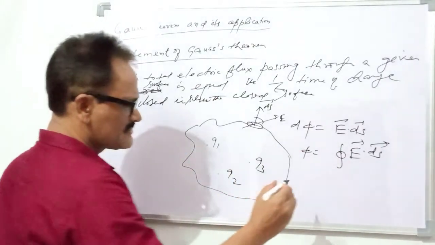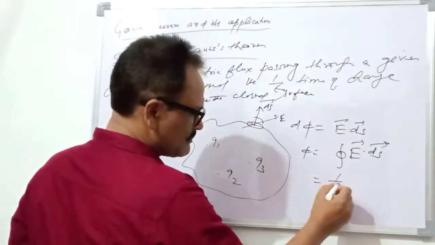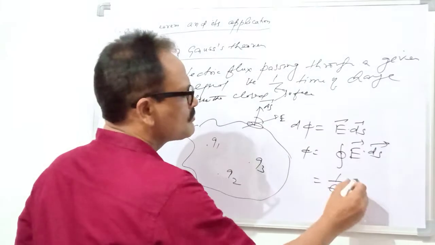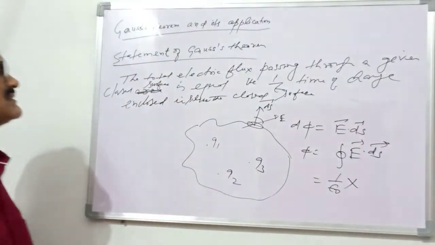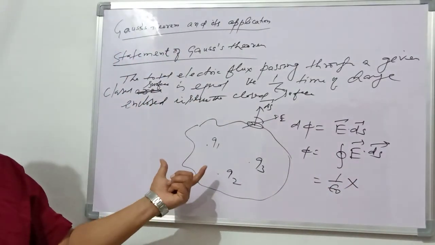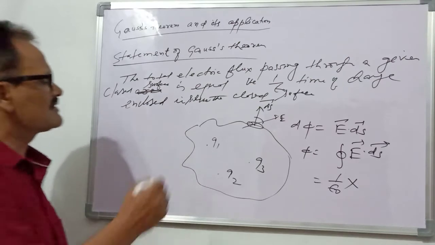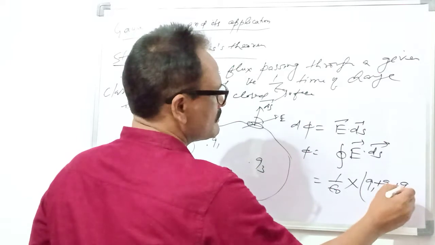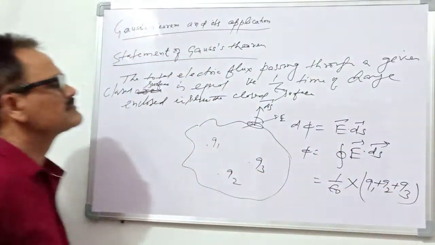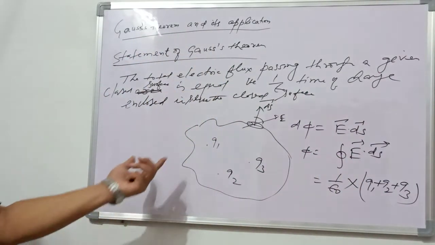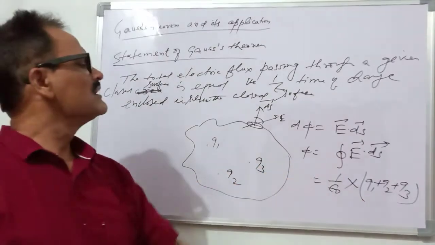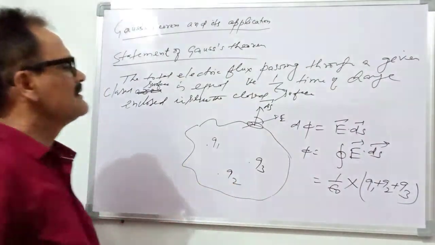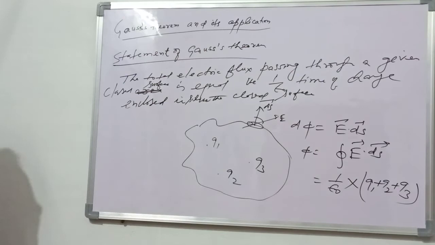According to Gauss's theorem, this total flux will be equal to 1 by epsilon times the total charge enclosed in this closed surface, and this total charge is Q1 plus Q2 plus Q3. If the charge is negative, you can take the negative charge. This is the statement of Gauss's theorem.